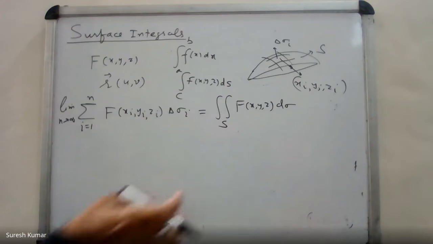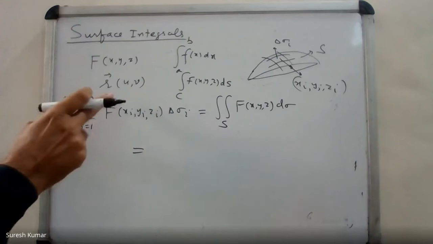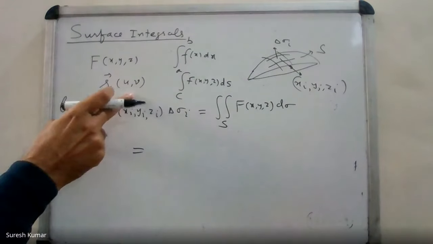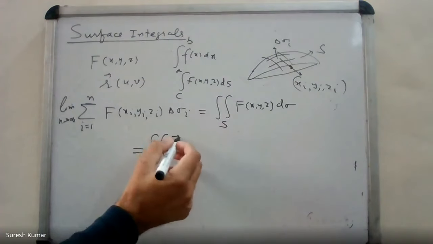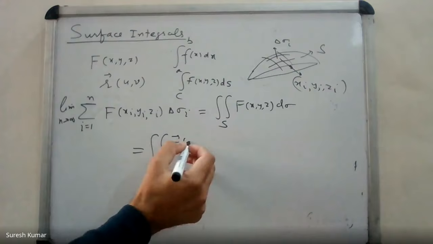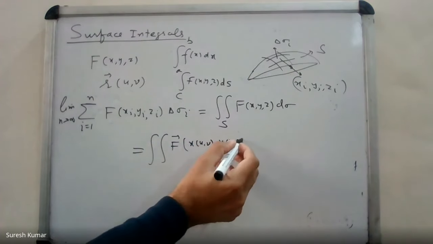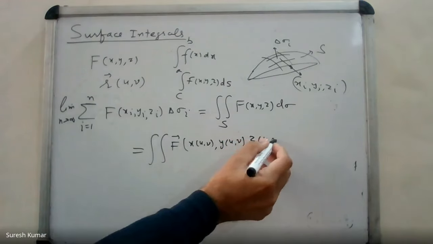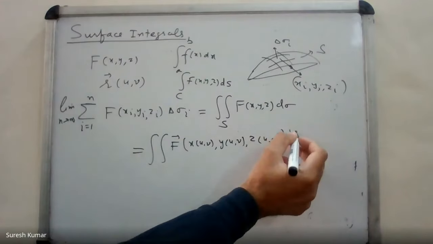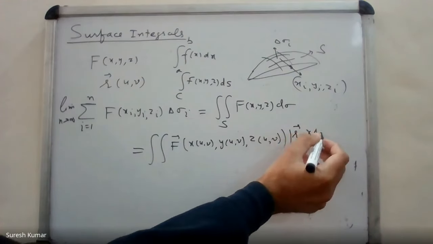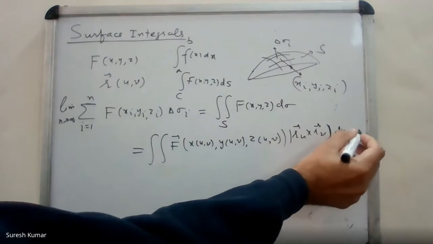Now the thing is, how do we calculate it? The surface is parameterized by u, v. Then x is a function of u, v in the parameterization, y is a function of u, v, z is a function of u, v. d sigma in terms of u, v, you already know, is the magnitude of r_u cross r_v, when the surface is parameterized by u, v.